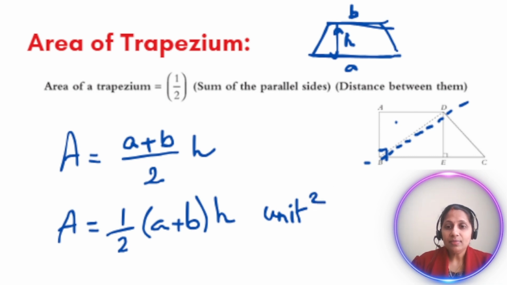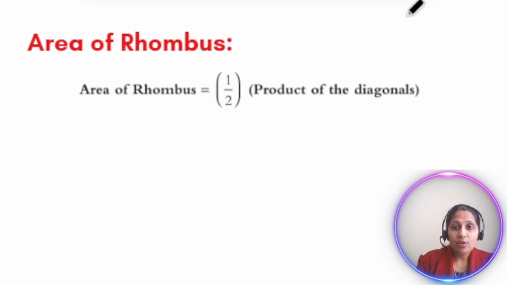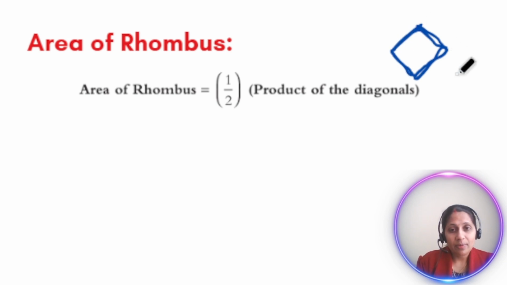Clear? Now let's go to the next one, which is the area of a rhombus. A rhombus is a shape which has equal sides, but the angles are different. That is the difference between your rhombus and square. Here, how do we find the area of the rhombus? To understand it better, I'll make a horizontal line instead of vertical. So you get two triangles here.